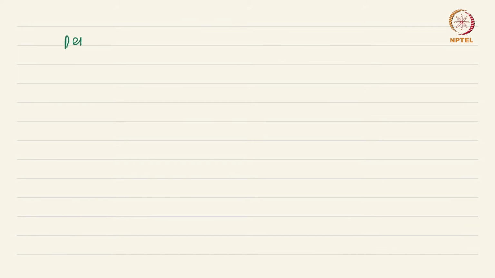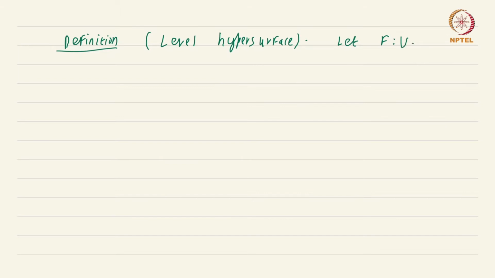So, definition. This is the definition of a level hypersurface. Let f from U to R be C1 smooth. What do I mean by C1 smooth?